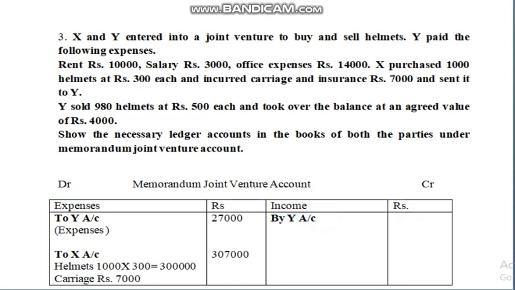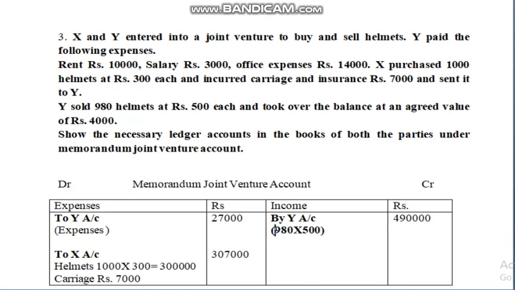He sold 980 helmets multiplied by each helmet rupees 500. So the sales amount will be 4,90,000. So this transaction is also over.